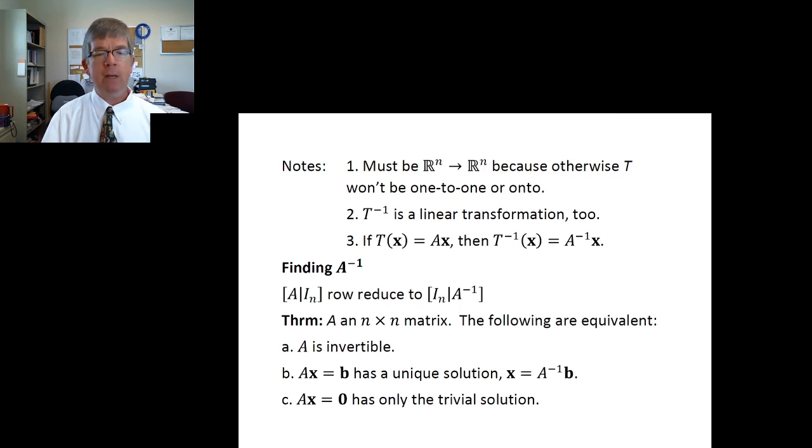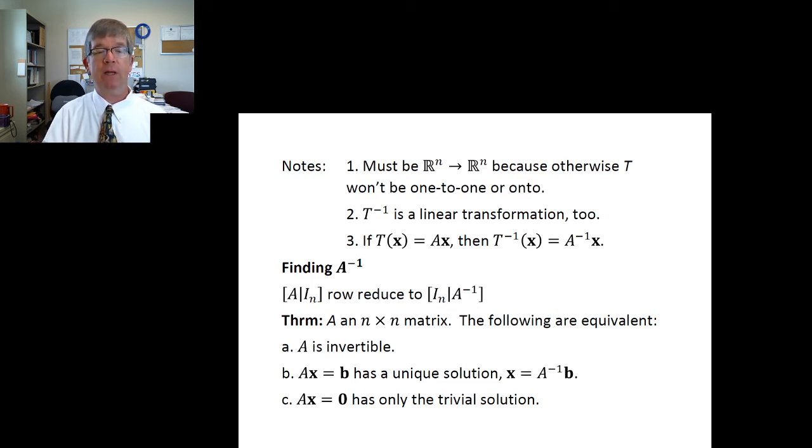Okay, quick theorem: if you have an n by n matrix, and you've seen these equivalency theorems before, there are three statements that are equivalent. First is A is an invertible matrix. The second is, if you form the system of equations using the matrix, A times vector X is equal to vector B, that has a unique solution, and the solution is pretty much what I was talking about before.